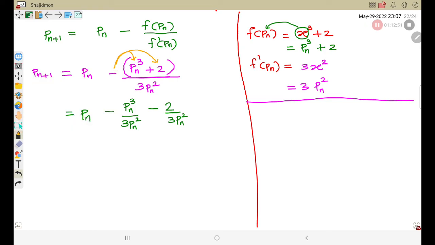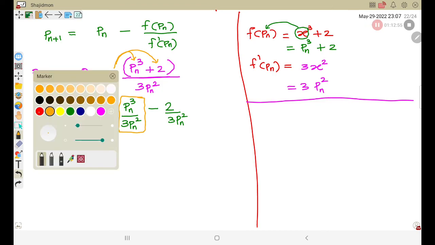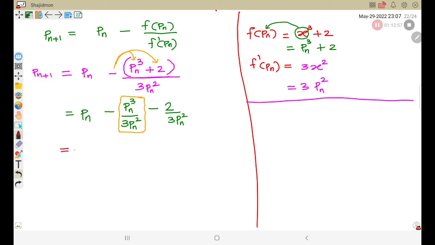Now, simplify. This term you can simplify, cancel common term, correct? Equals Pn minus, what is the meaning? Pn power 3 means Pn multiply Pn multiply Pn, divided by 3 Pn square.